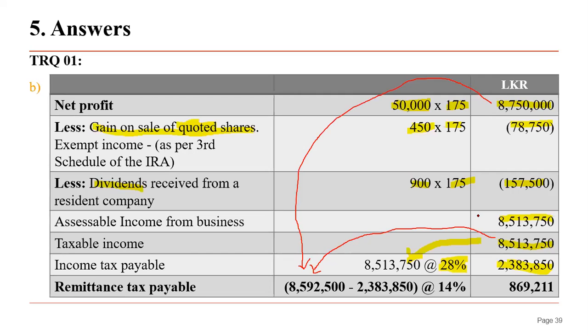Can anyone tell me how this amount is taken? This 8.59 to 500? How is this amount taken?